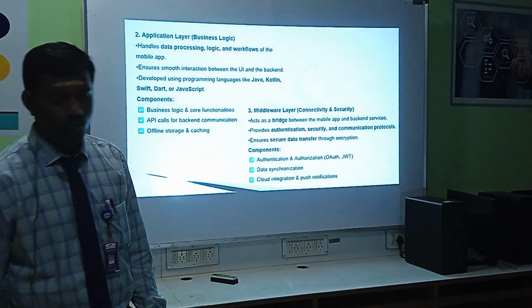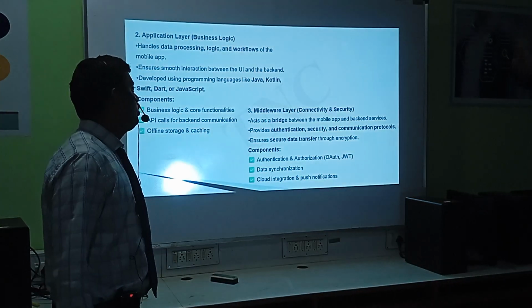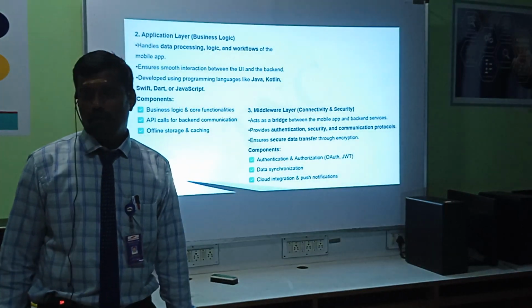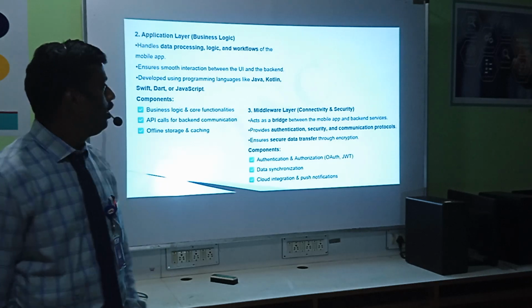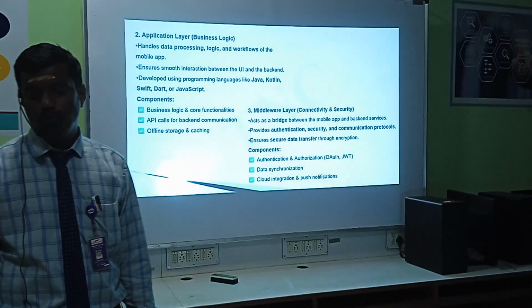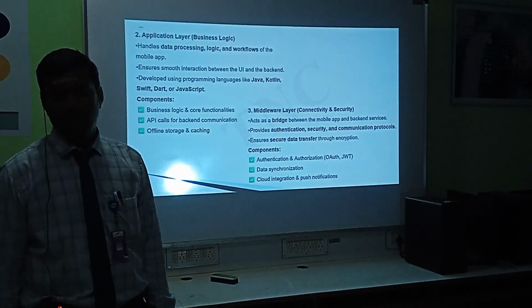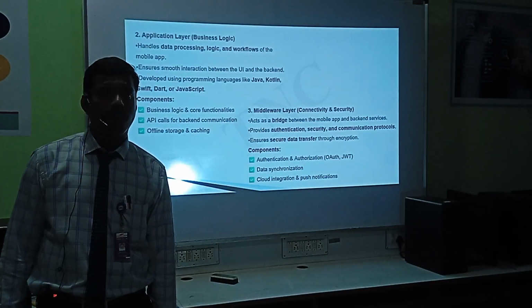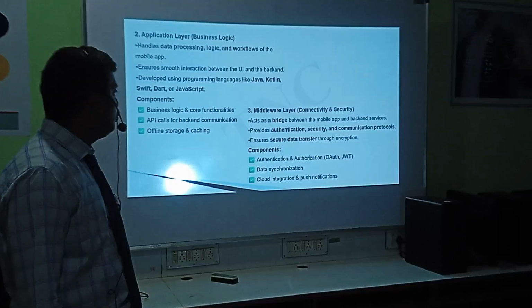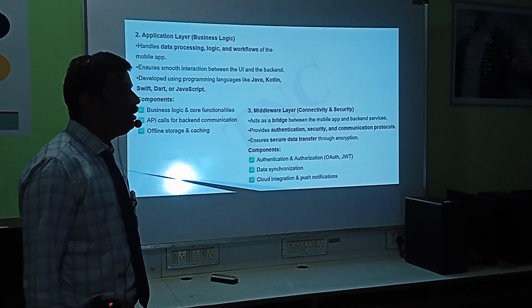Then the second layer we have here is the application layer. We can also call it the business layer. It handles the data processing as well as the logic and workflow of the mobile apps. It tells how the data is going to be processed, and the logic as well as the workflow of your mobile apps. It also ensures smooth interactions between the UI and the backend.